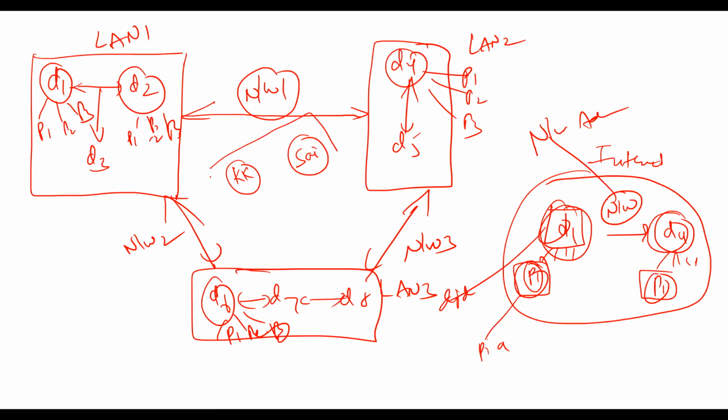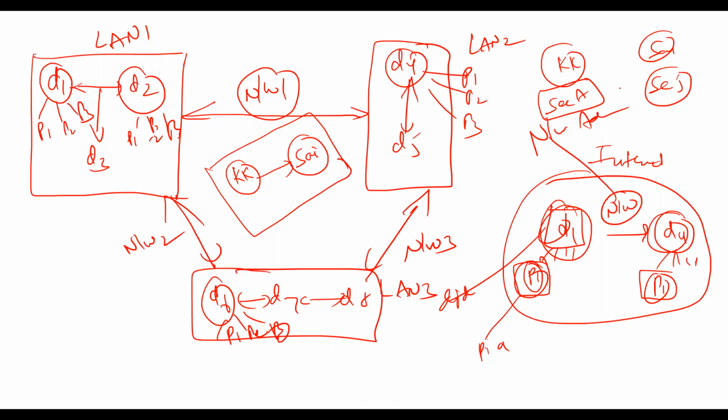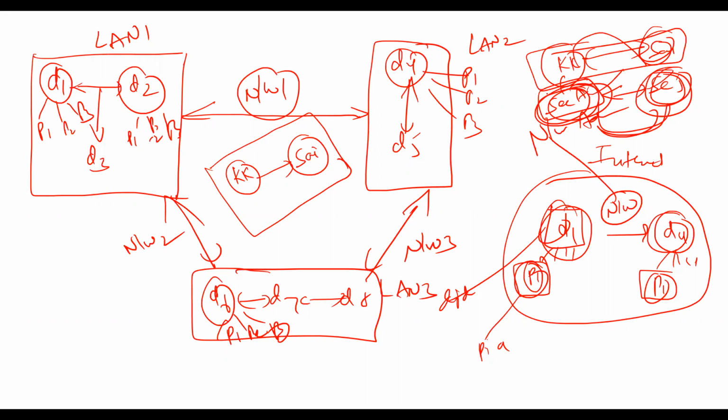If our section, I don't need any network address, I directly contact Sai. But maybe Kranti belongs to section A and Sai belongs to section J. At that time I need the network addresses, these two section addresses. Without knowing these two sections, is it possible to communicate between these two? No, right? Hope you understand this point.